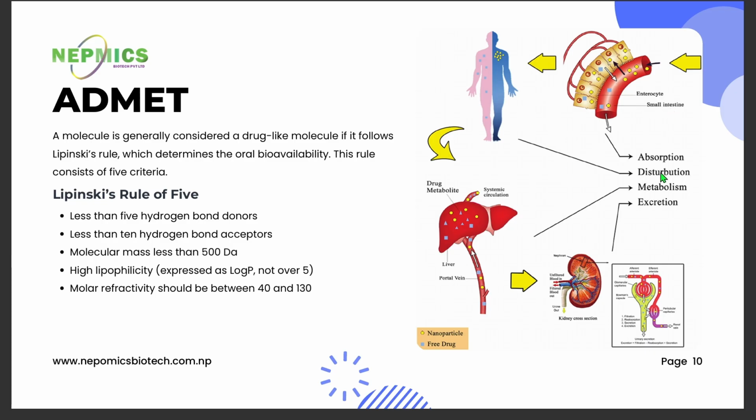Distribution happens throughout the body. Metabolism is particularly focused in the liver, which is a great site for metabolism, as cytochromes are present there. Next is excretion. The major excretory organ for the drug is the kidney, and that is how the ADMET process runs in our body.